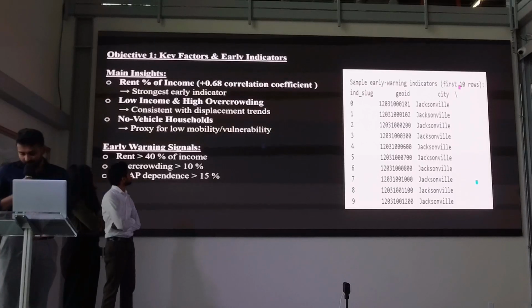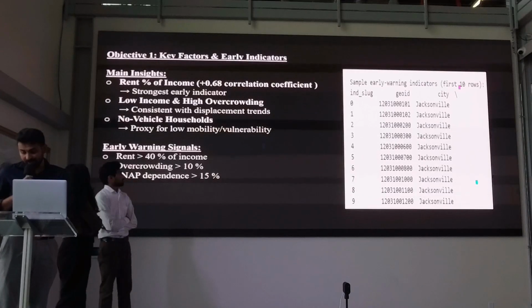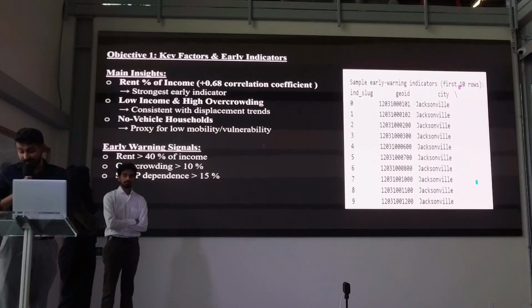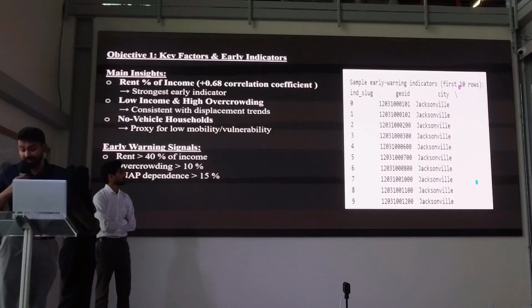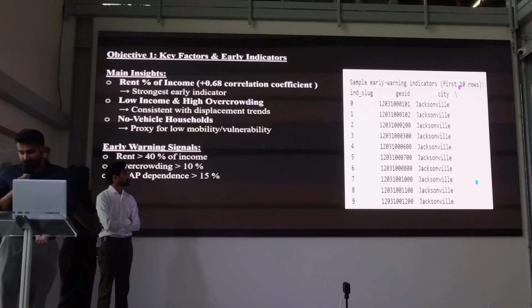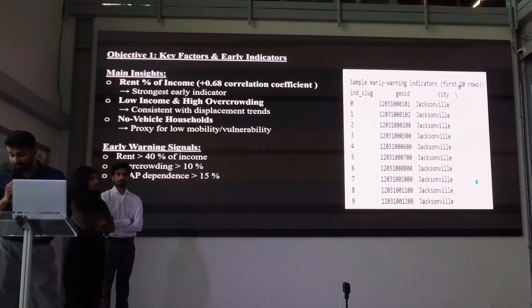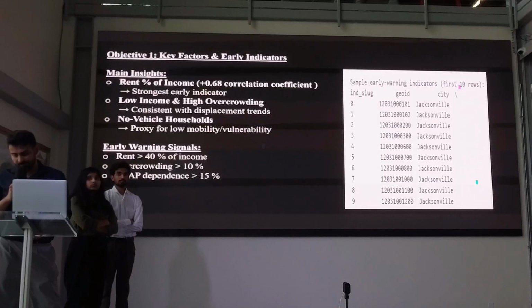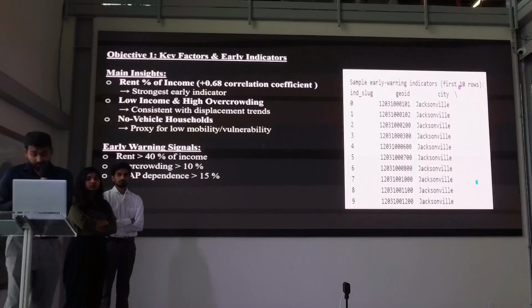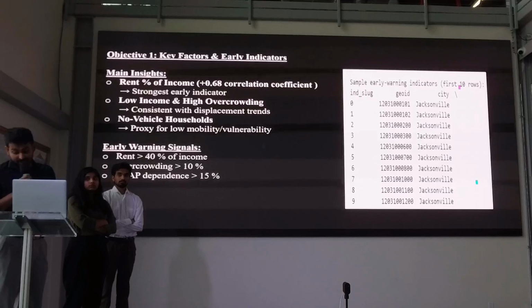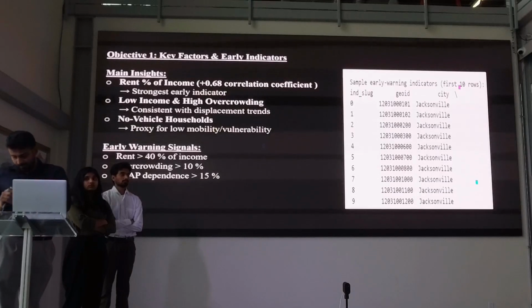For objective 1, we focused on understanding what drives displacement risk, not just predicting where it happens. Our analysis found that the strongest early warning indicator is rent as a percentage of income, showing a plus 0.68 correlation with displacement.